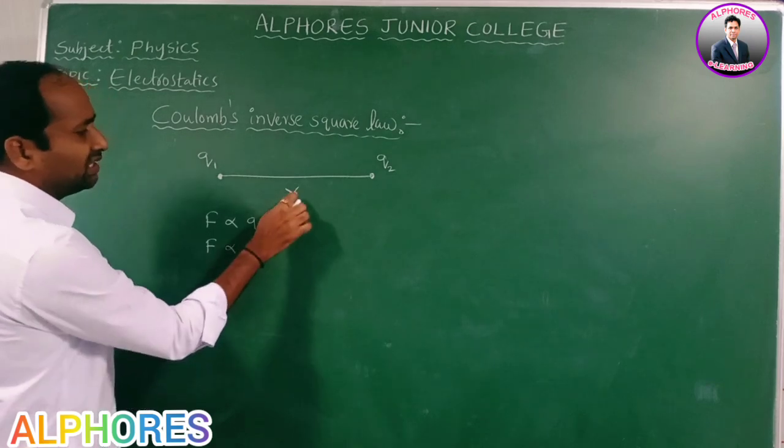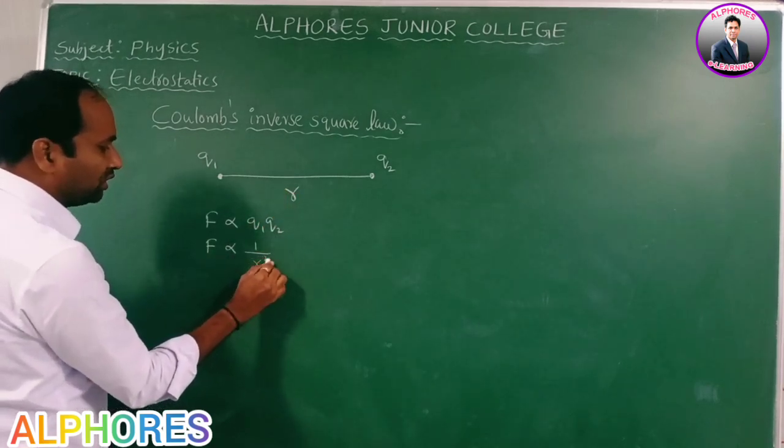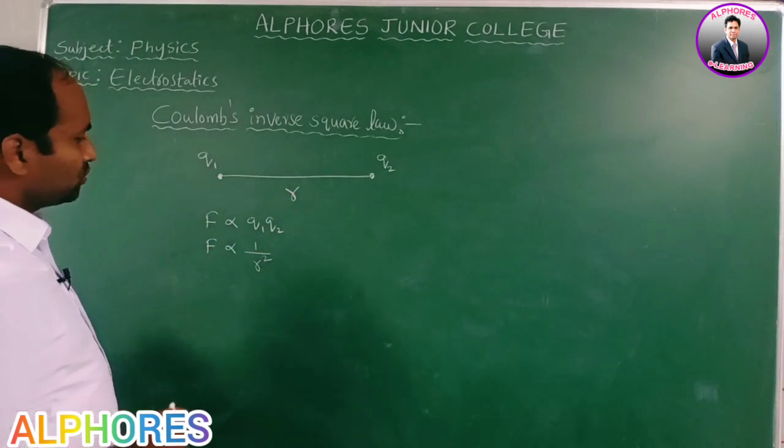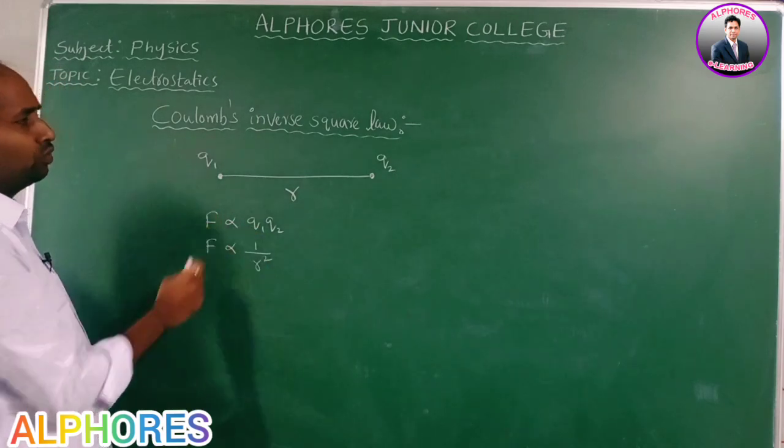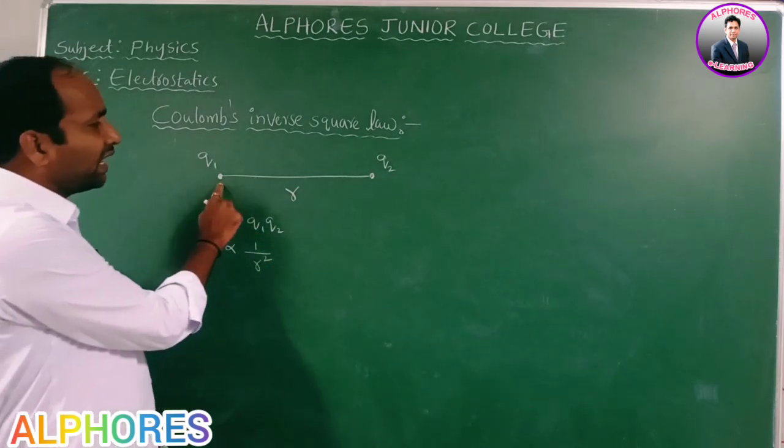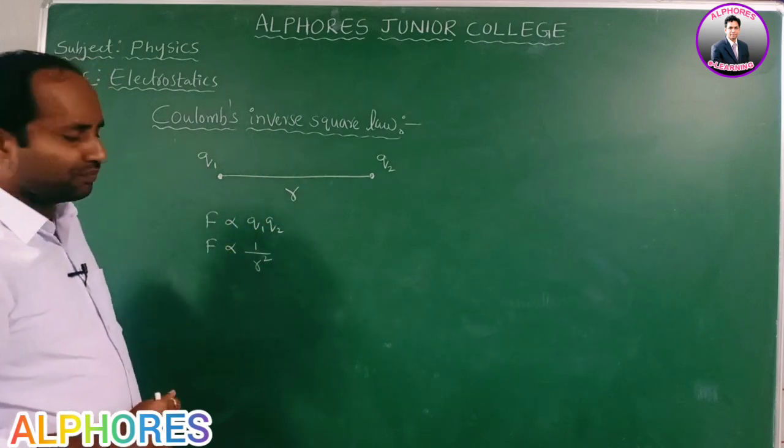Let r be the distance, so F is proportional to 1 by r square. One more thing, the force acts along the line joining the two charges.